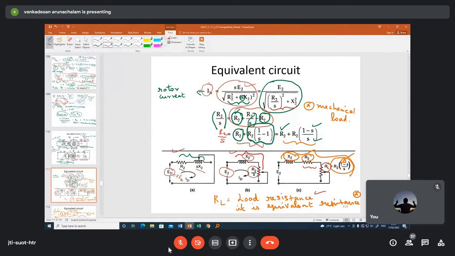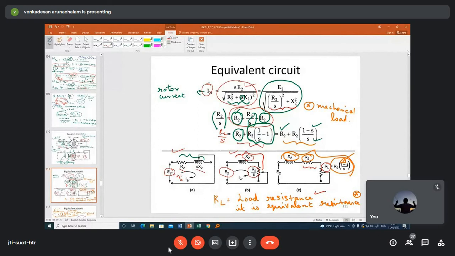So this load resistance is nothing but the equivalent resistance representing the mechanical load. So when the load is changing, correspondingly the rotor speed will change. Accordingly, the slip of the rotor also will change. The change in the slip because of the change in the load is reflected in the load resistance RL.